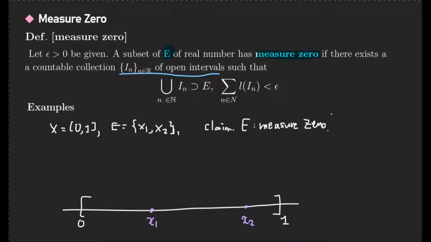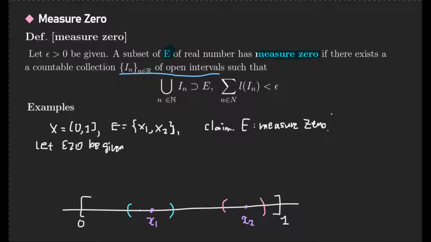To do so, we should take intervals which cover each element in E. So I'll wrap these two points, one in blue, one in pink. Let epsilon be given.